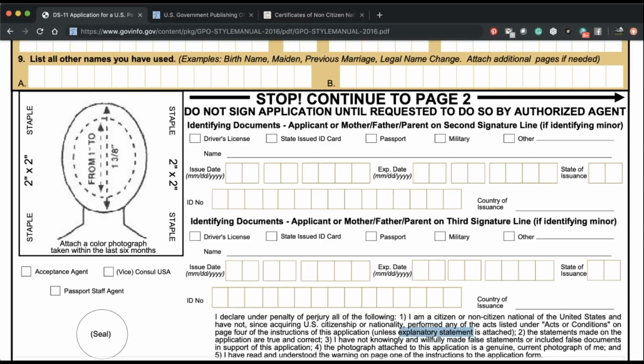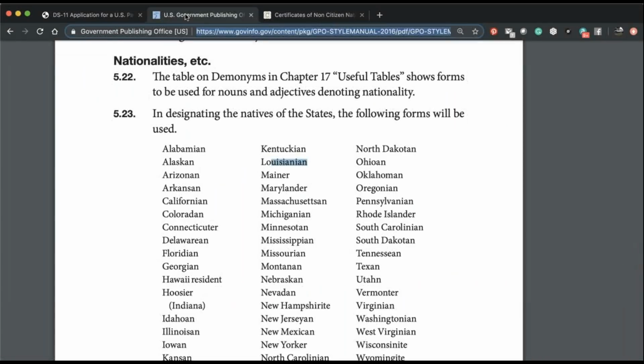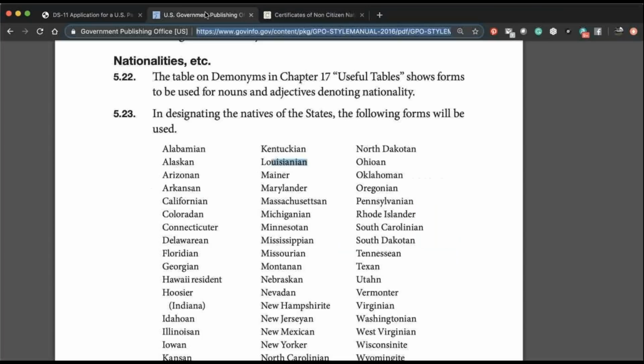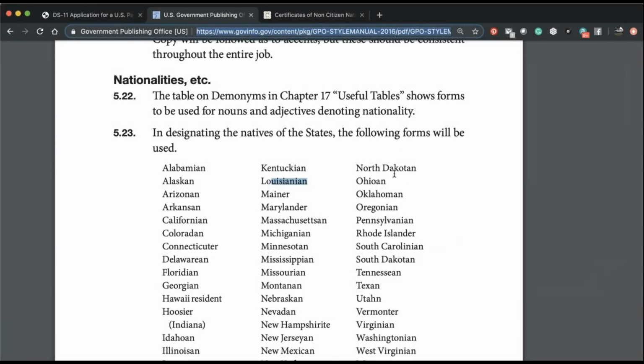But I'm just showing you can create your own explanatory statements off your studies. I gave you what to study. So you can go create your own affidavit just off that information alone.